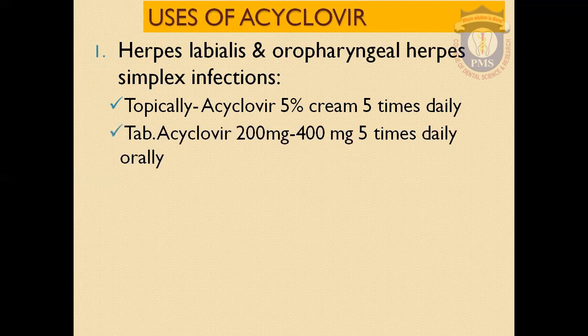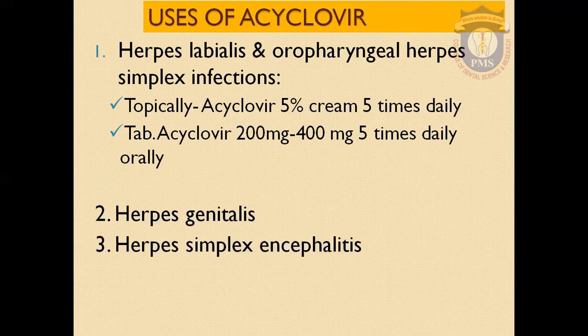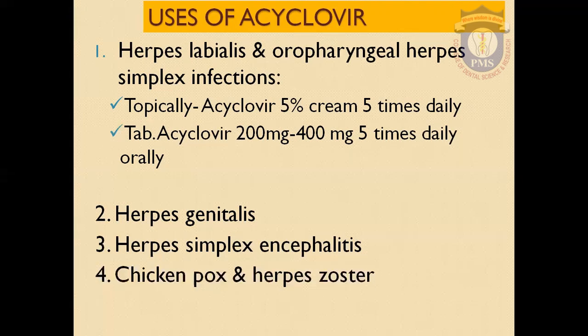Tab acyclovir 200 mg to 400 mg is given orally 5 times daily for genital herpes. We can also use it for the management of herpes simplex encephalitis, chickenpox, and herpes zoster. These are the uses of acyclovir. We can use it for all types of herpes virus infections.